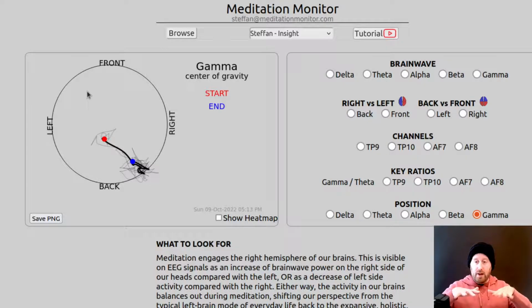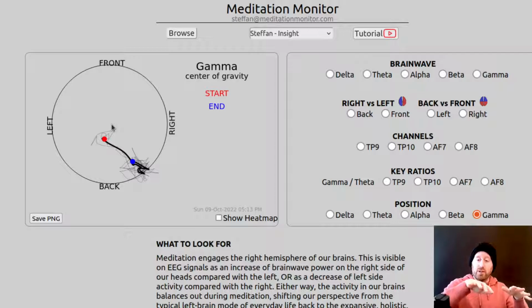So if you can imagine something like a table or something flat with a ball sitting on it, balanced, the ball in this case being gamma. Red is where it starts out. So in this case, very handy, it starts out in the middle. And then depending on how strong gamma is on the other locations, it's basically like a teeter-totter.